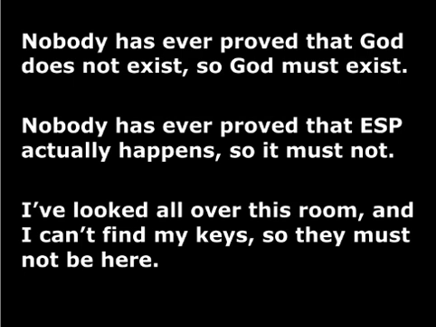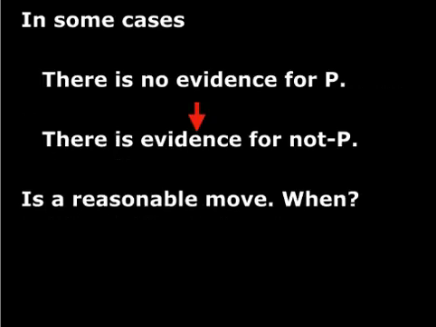Now, the question is, why is it sometimes good? What is it, or what's the key that should tip you off if someone is making an argument of this form to whether it's a good argument or a fallacious argument? Or let me just frame it this way. In some cases, this move, there is no evidence for P to there is evidence for not P, right?